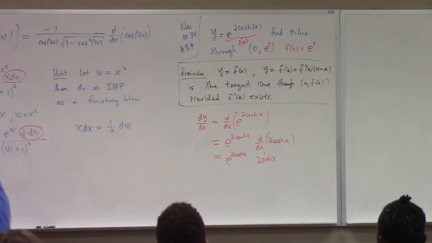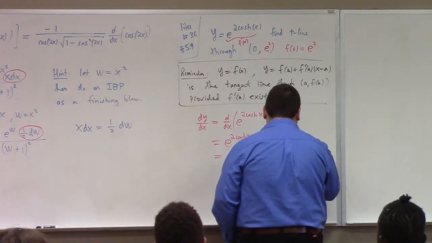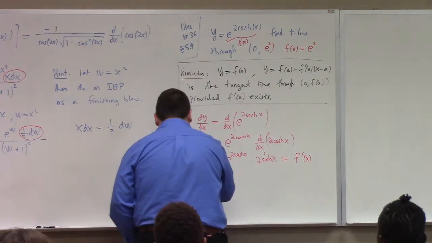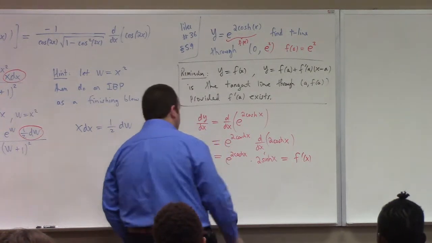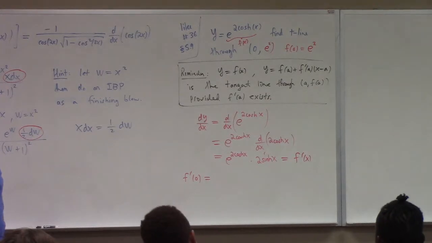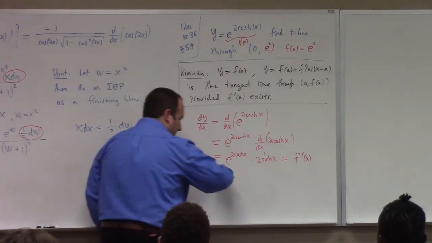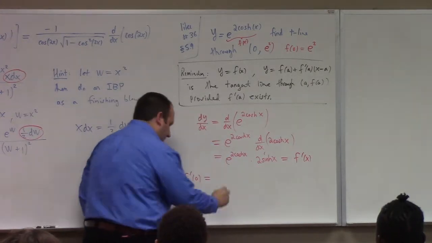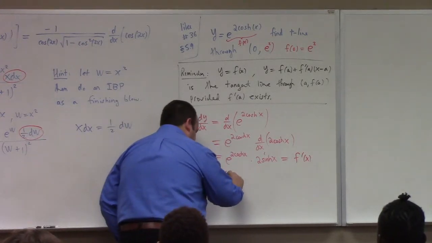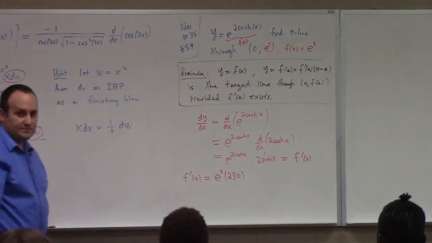All right, so here is my f prime of x. So what's f prime of 0? Because we're trying to find the tangent line through 0, comma e squared. So what's the slope of the tangent line? The value of the derivative at the point, which is e squared times 2 times 0, because sinh of 0 is 0.